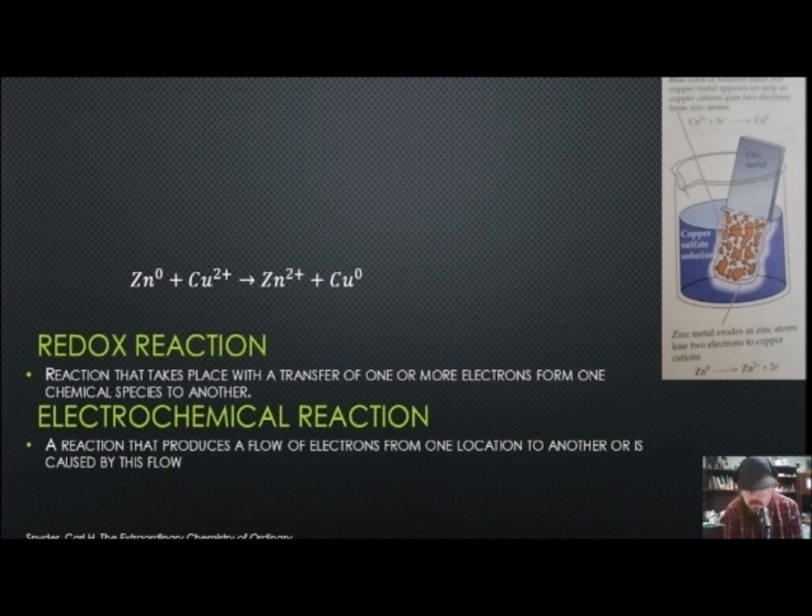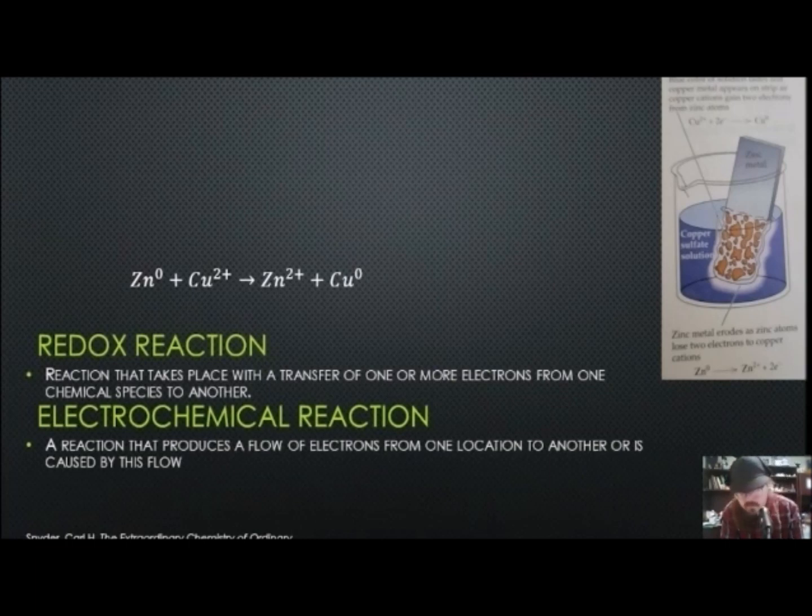And so what's happening when we put the zinc into the copper solution, copper sulfate, is the metals are directly replacing each other. And so we see the reaction. This is an example of a redox reaction, a reaction that takes place with the transfer of 1 or more electrons from one chemical species to another.